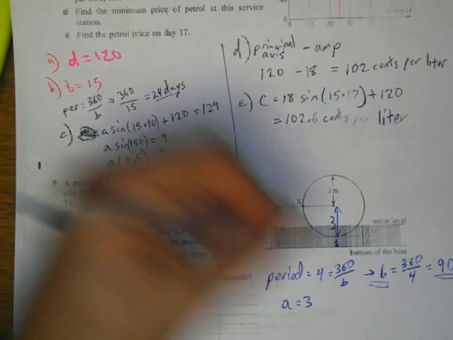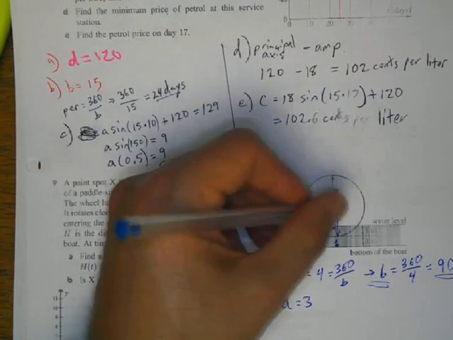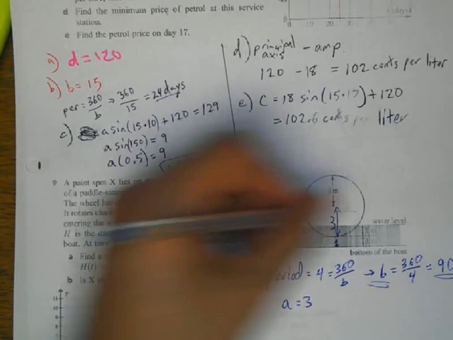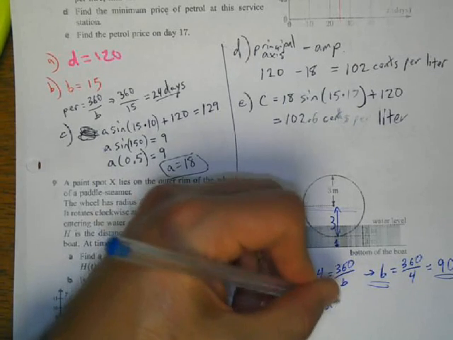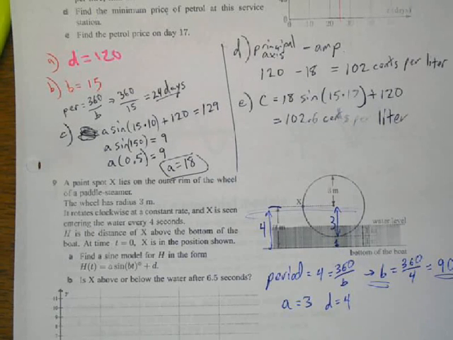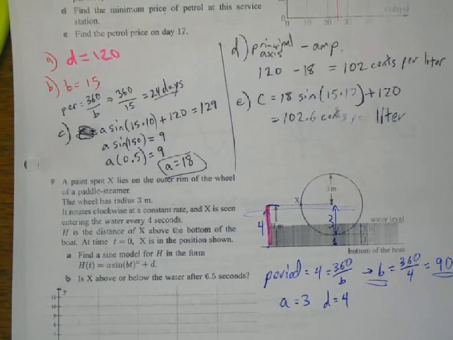And this height H gives us our principal axis. So our principal axis is equal to 4. Okay, and our amplitude is 3.